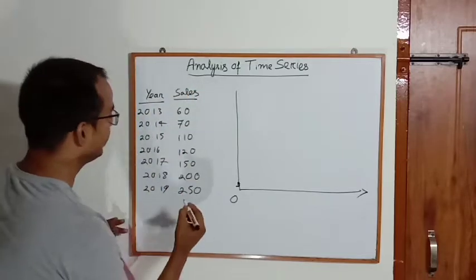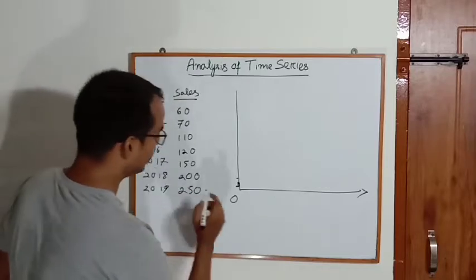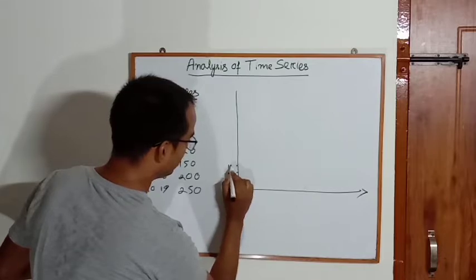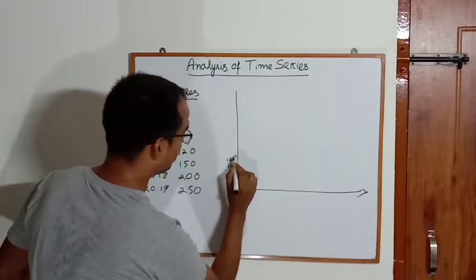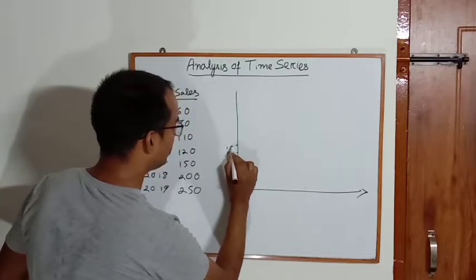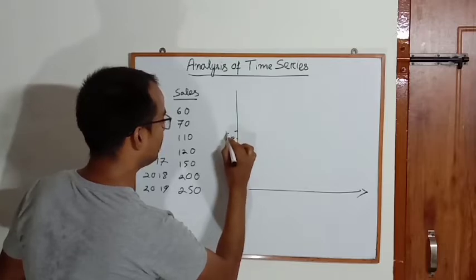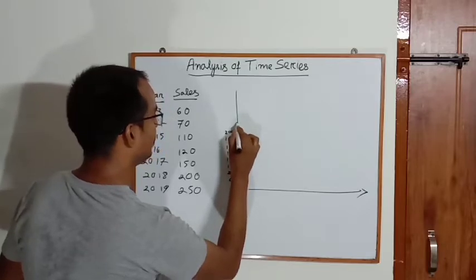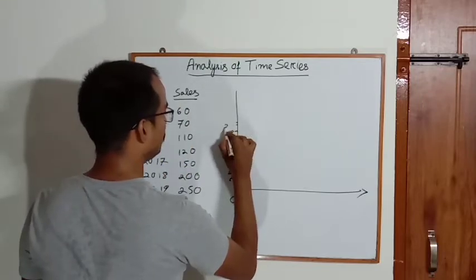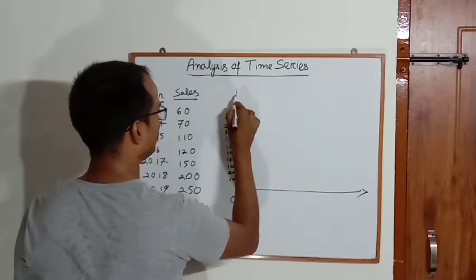So I am directly taking it from 60, 80, 100, 120, 140, 160, 180, 200, and then 220, 240, like this it will go.